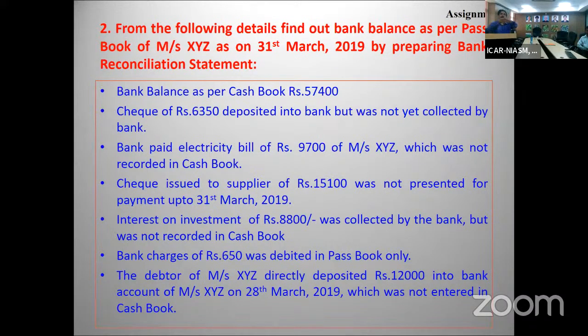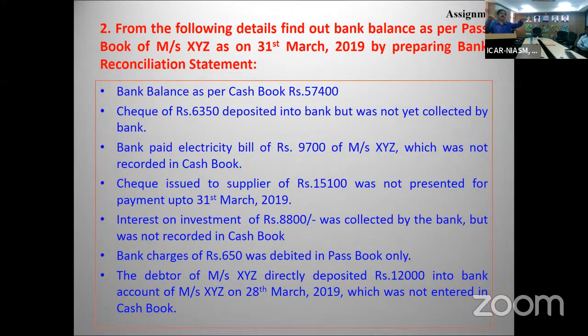Right hand side is cash book. Whatever I do here, I will do with the cash book only, because the balance as per cash book is given. Whatever addition or deletion I make, I will make with the cash book only.